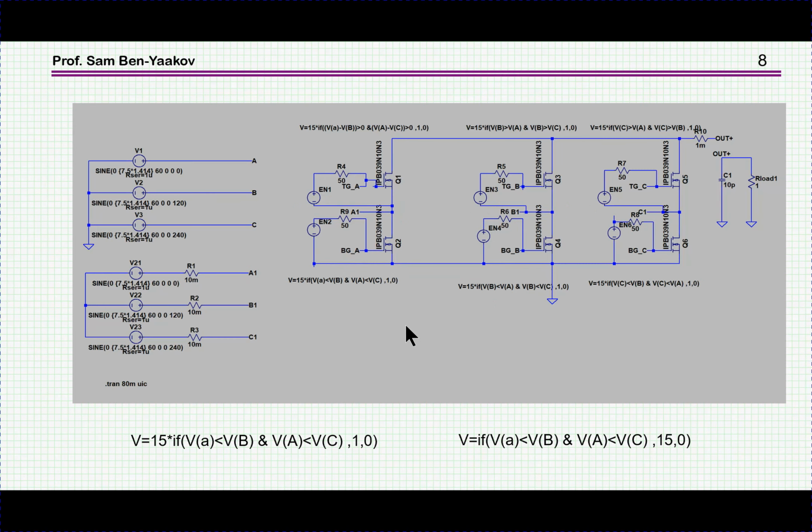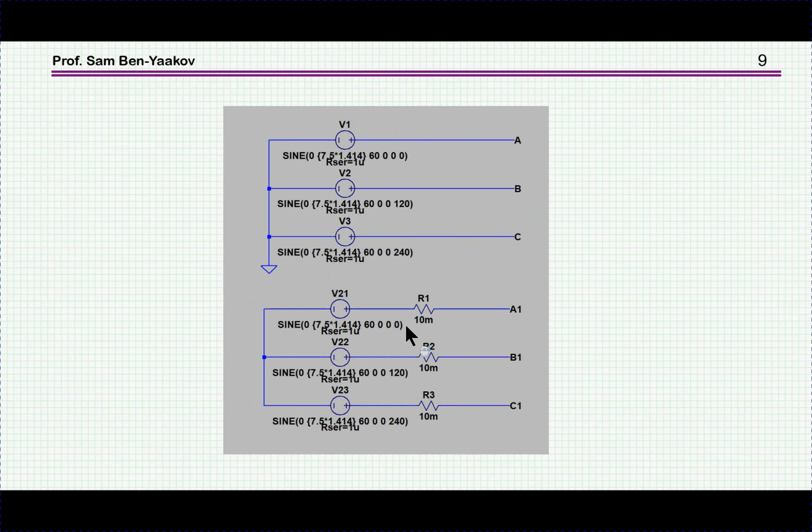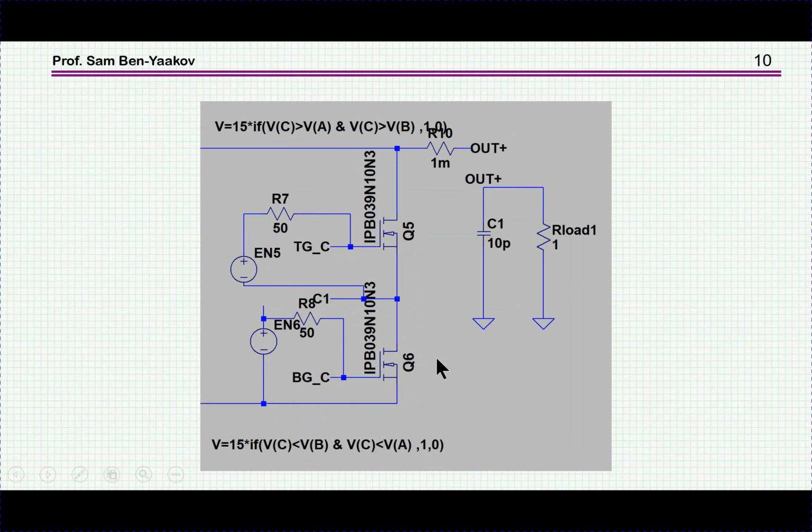So let's now zoom in a little bit. Here we see the sources, these are the voltages, and this is 60 hertz, and these are the phases. Again, this is repeating itself, and here I've put 10 milliohm. I could have added an inductor. Then we see one of the half bridges, for the C phase.